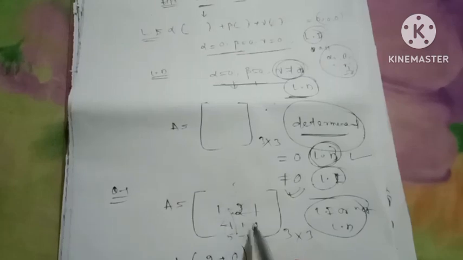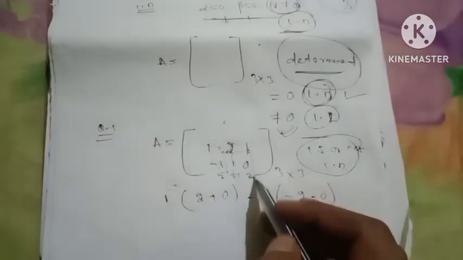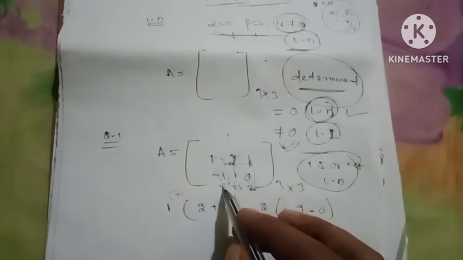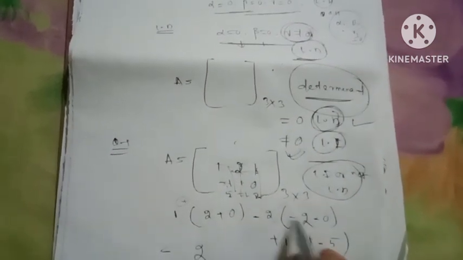Then minus 1 into minus 1, 0, 5, 2 and 2 into minus 1 will be minus 2, and 5 into 0 is 0. Then minus 1 into minus 1 is plus 1, and 5 into 1 will be 5, so 2 and 2 into 2 is 4.